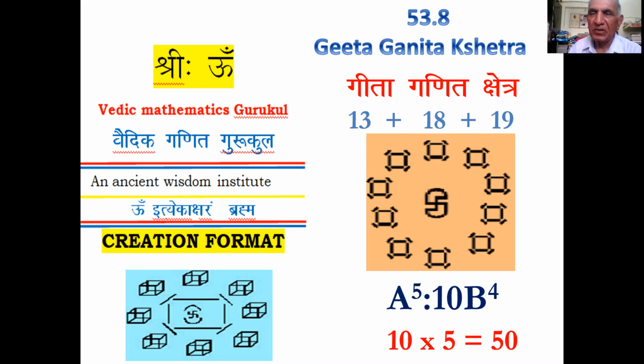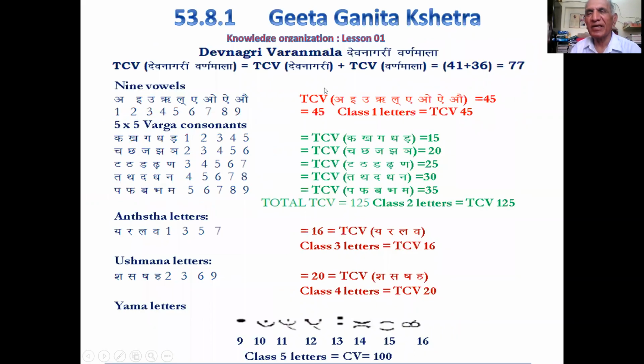For it, we have to begin with the very beginning, and this beginning from the very beginning would mean beginning with the Devnagari alphabet, as the text of Srimad Bhagavad Gita is in Devnagari script.